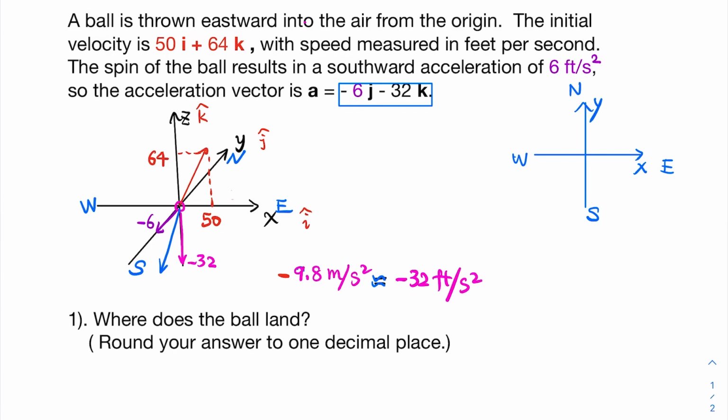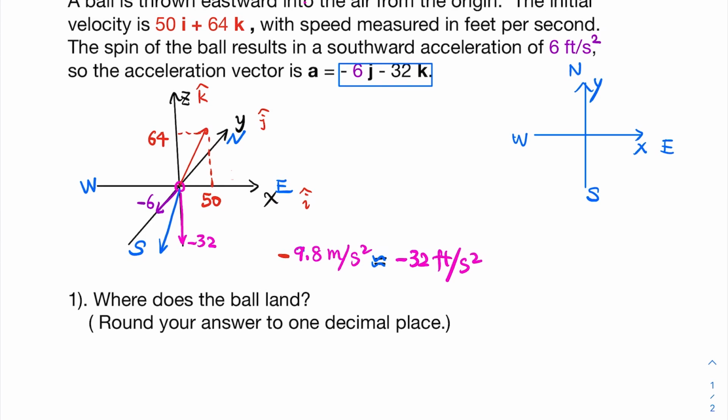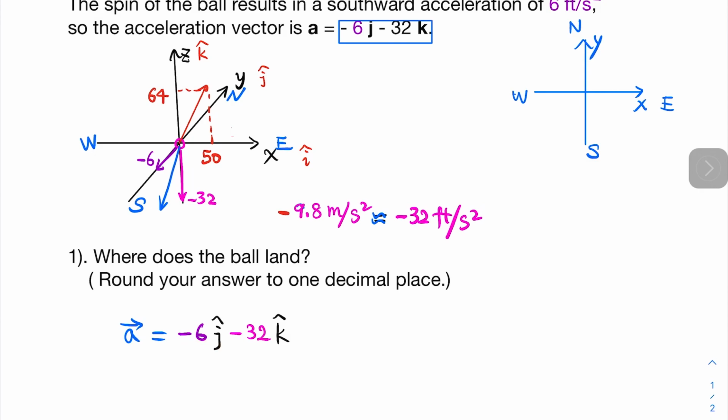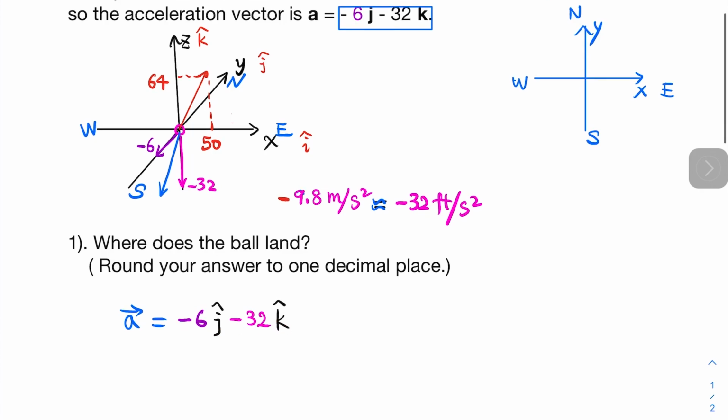Okay, let's find out. To find where the ball lands, we start with what we are given: the acceleration vector, a = -6j - 32k. Given the acceleration, we can take the antiderivative.